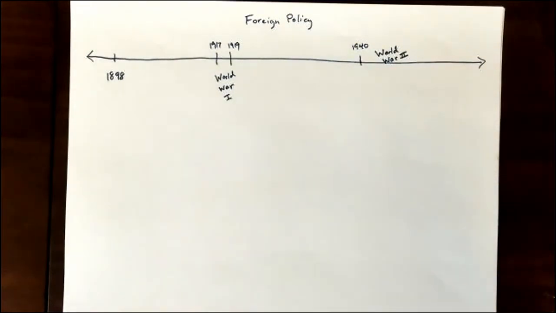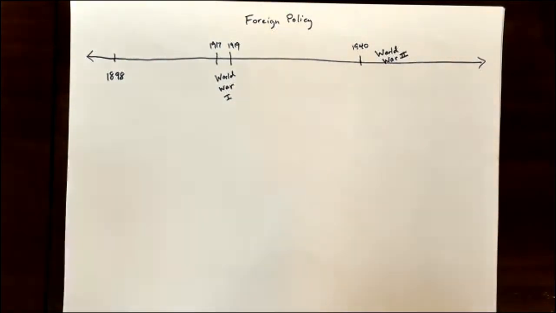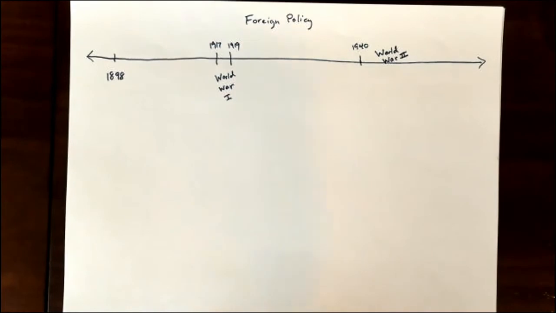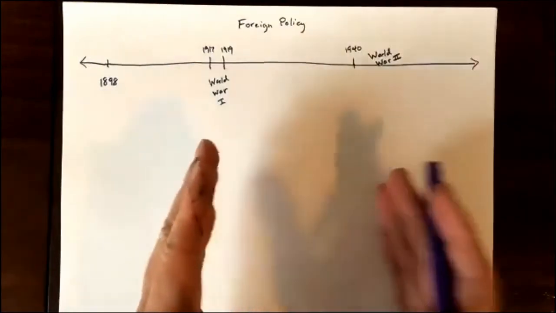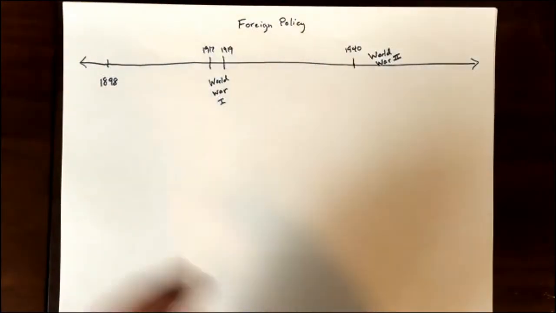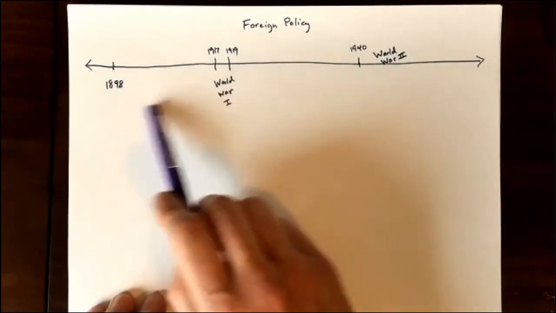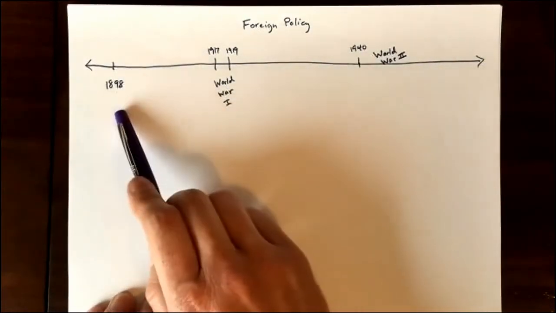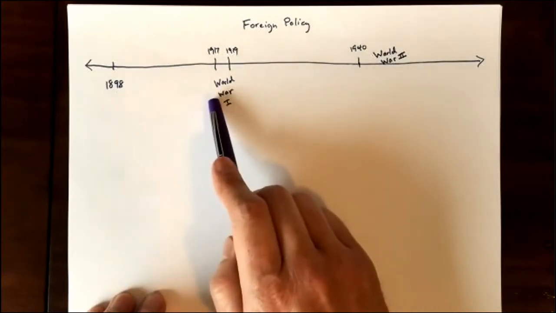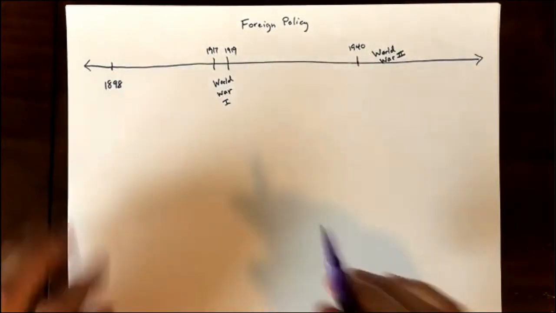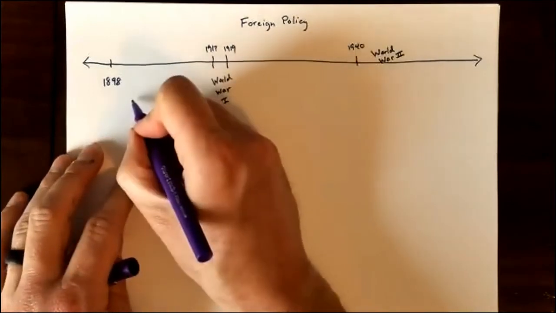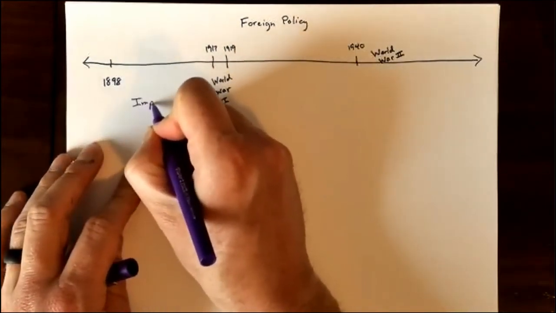Unlike the previous timeline, where there were ongoing stories, this time period can be chunked out into specific things that explain American foreign policy. America's foreign policy is defined in this first period, from 1898 to 1917 in World War I, by the story of imperialism.